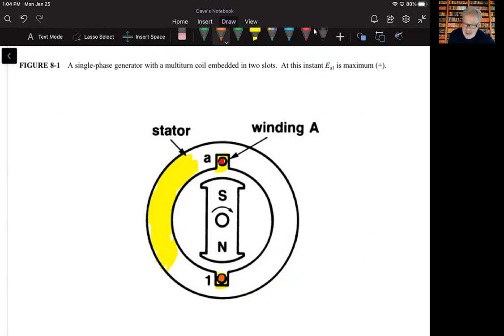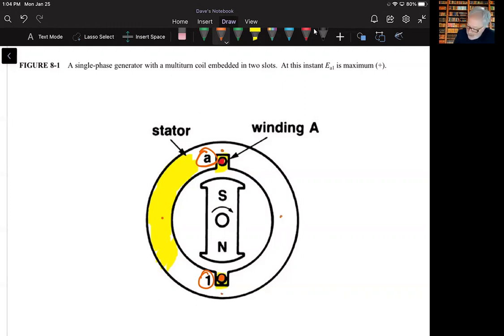In addition to that, we'll put a designation on here. Say this is the beginning, we'll call it A, and then it terminates here at 1. So this is phase A, and these are the two points where it terminates. And we notice that if we look at this in terms of degrees, this is 180 degrees from here to here, right?